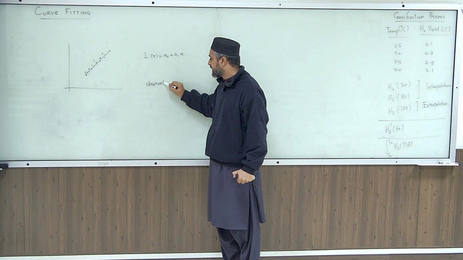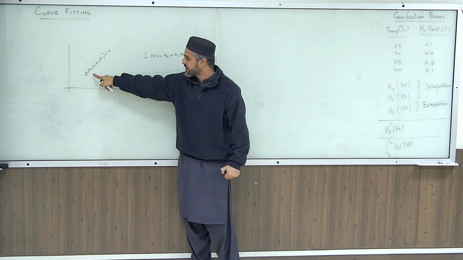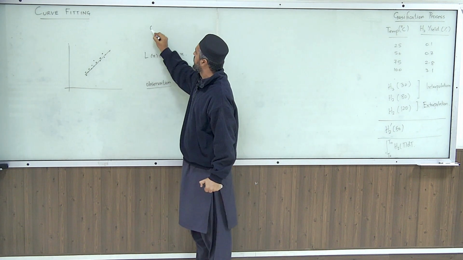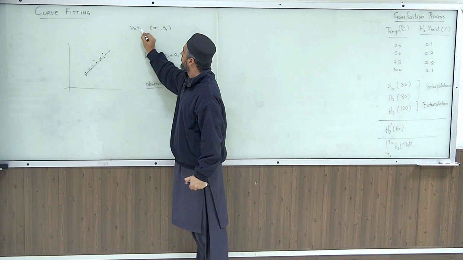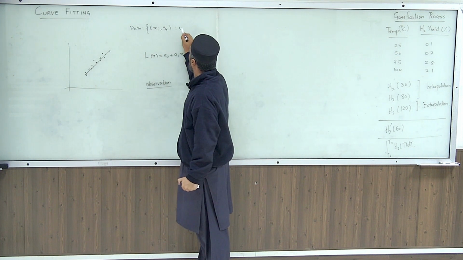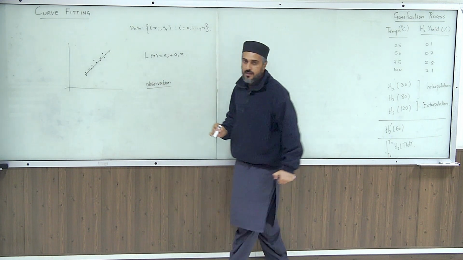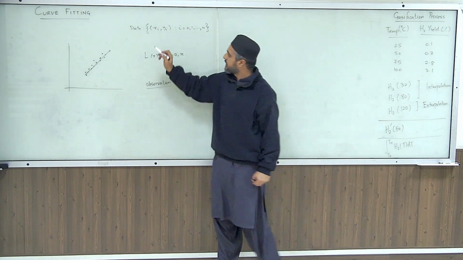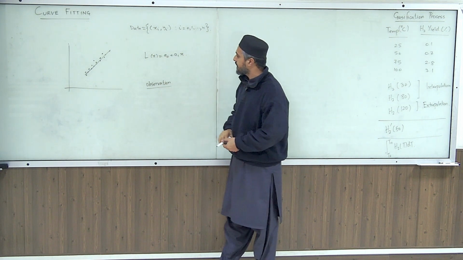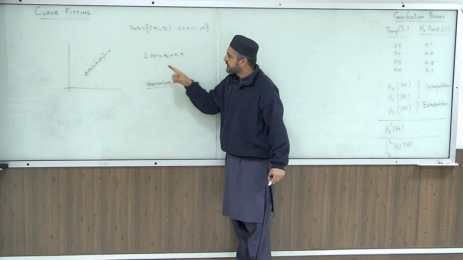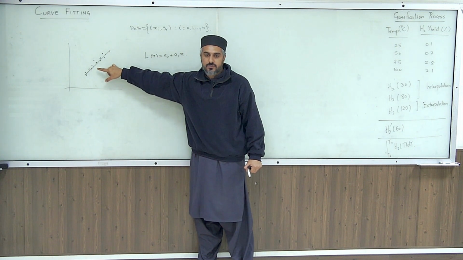Now an important observation: this straight line does not pass through every observation xi, yi. We have this data xi, yi, this is our data, and we are not able to find any curve which passes through every point, because if I try to do that, it will not be a linear line.